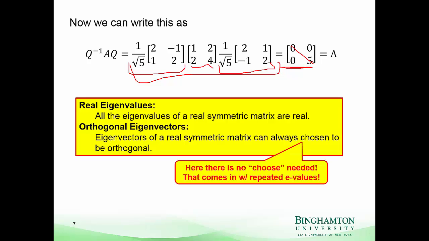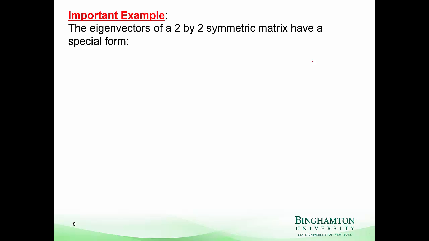And in this example, there's no choosing needed. We were actually able to show that the only eigenvectors that come out of this are indeed orthogonal, and that's because there were no repeated eigenvalues in this example.